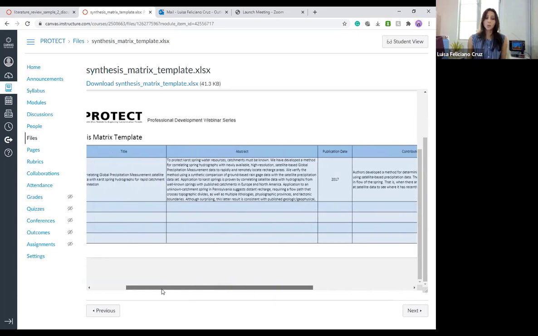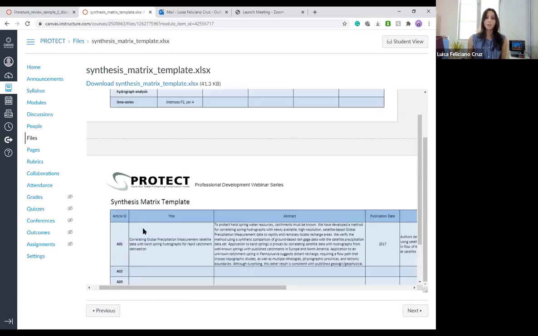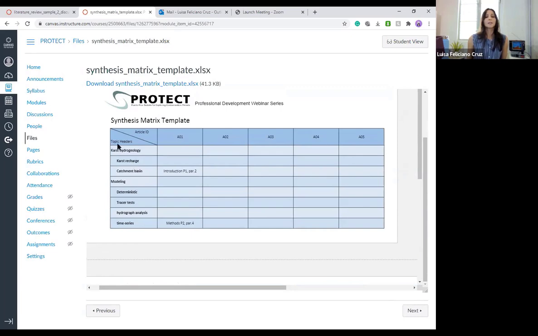Once you do this and you have all your articles here, then you have the other tab of the Excel file where you can have your topic headings. And then you can write what part of the article fits into each one of these headers. So for example, if it's talking about modeling, this paper that I just showed you has something about time series in the methods section, on page 2, paragraph 4.